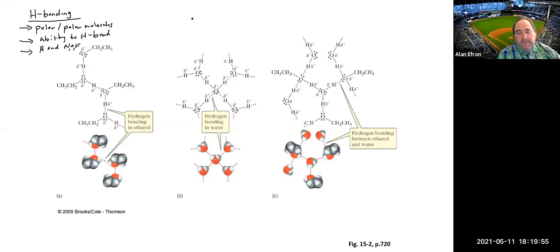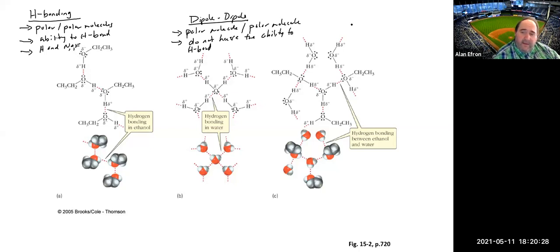In the middle is dipole interaction, and here also between a polar molecule and a polar molecule. These would be polar molecules that do not have the ability to hydrogen bond.